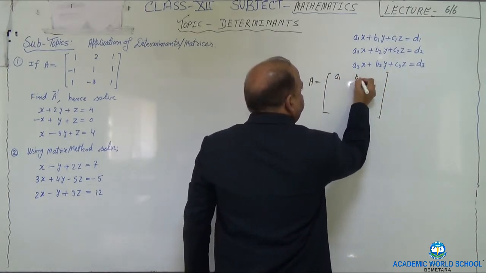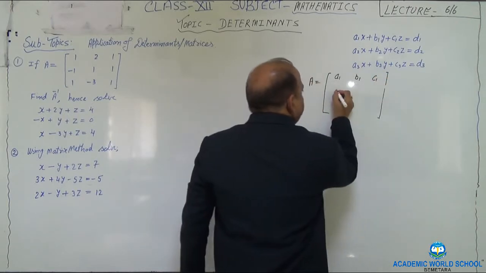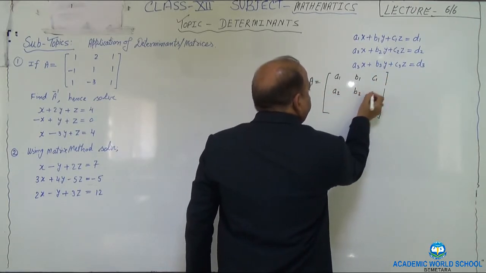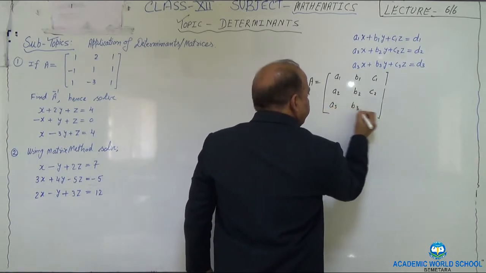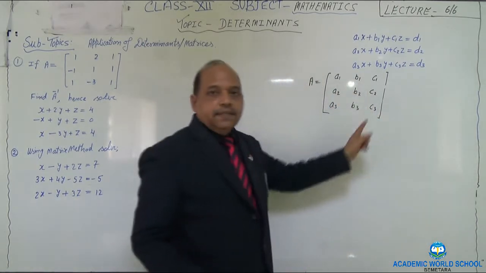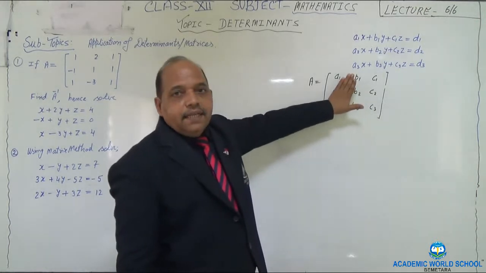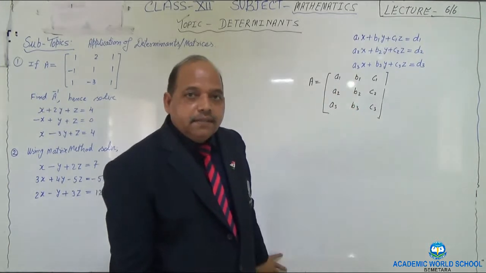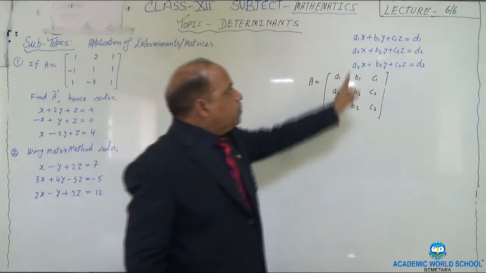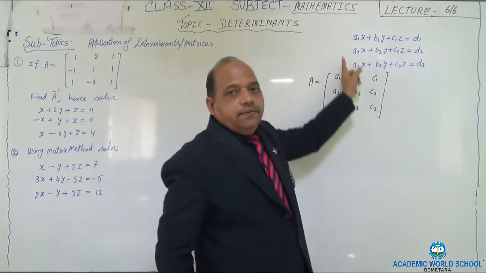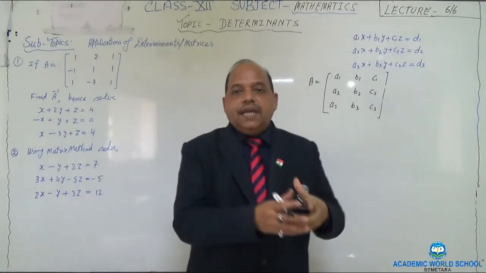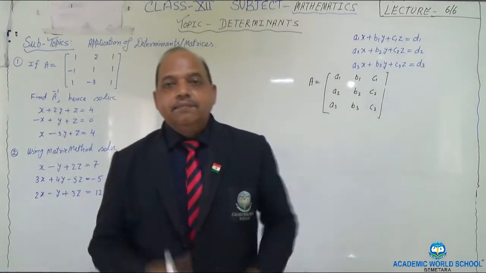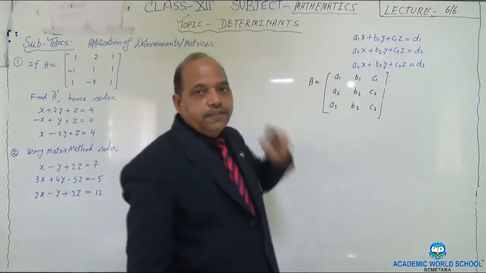A1, B1, C1, A2, B2, C2, A3, B3, C3. Look at this here. This is nothing but a matrix made by the coefficients of these 3 equations. Coefficient means what? The number which is associated with the variable. So that is the coefficient.